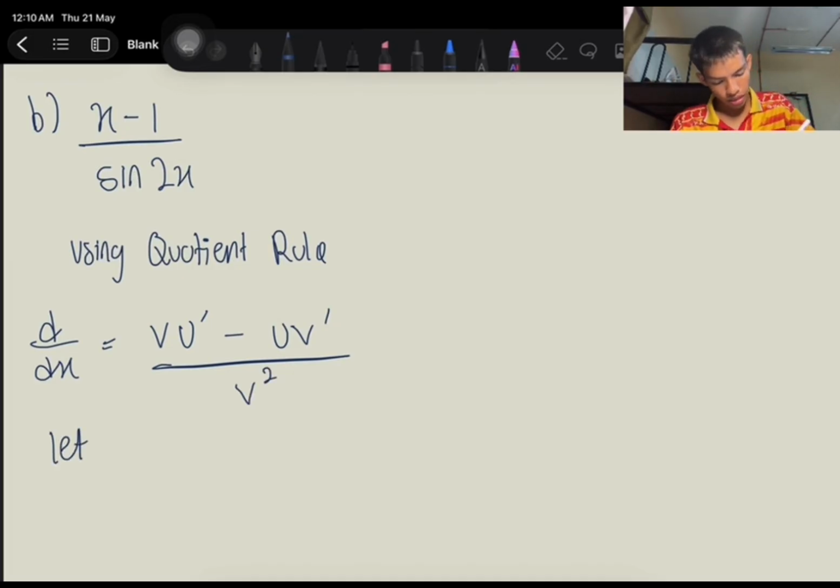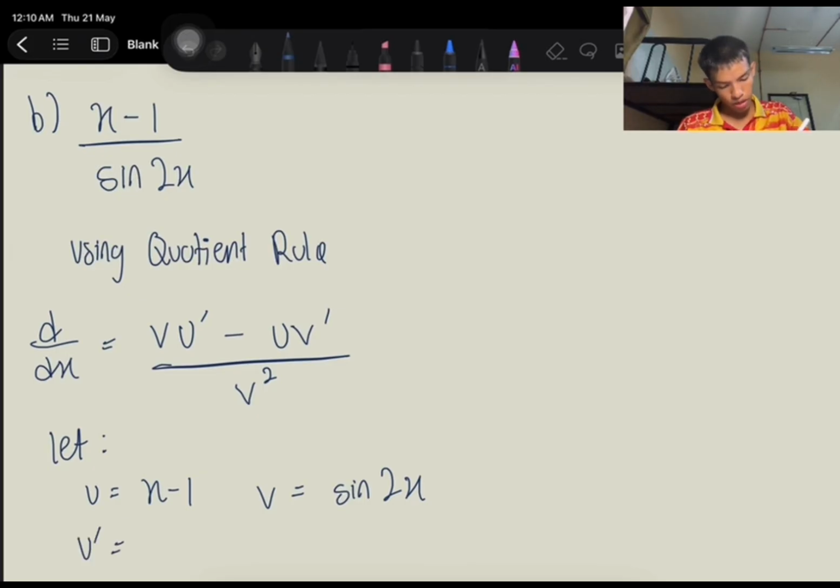So let u equals to x minus 1, v equals to sine 2x.